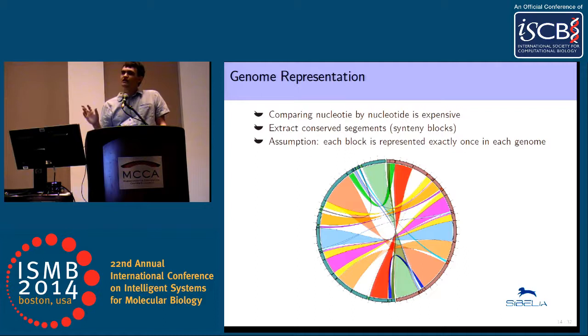And here I want to make an assumption. For this presentation, each block is represented exactly once in each genome. The real algorithm described in the paper works with real data, and it is perfectly analogous, except for some preprocessing procedures. But for now, let's make such an assumption.